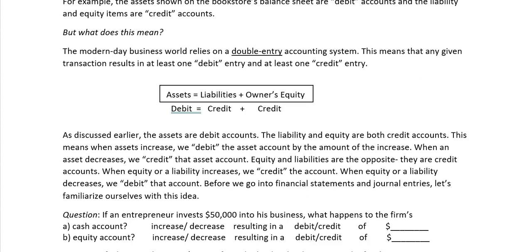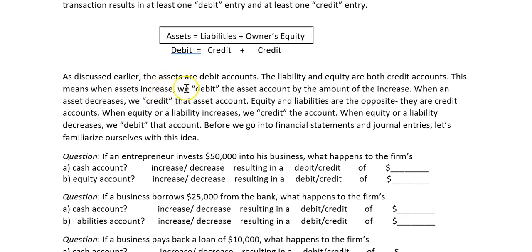On the left side, we have our assets, and on the right side, we have our liabilities and owner's equity. The assets are known as debit accounts, and the two on the right are known as credit accounts. So as the equation suggests, at all times we must have debits equal credits.